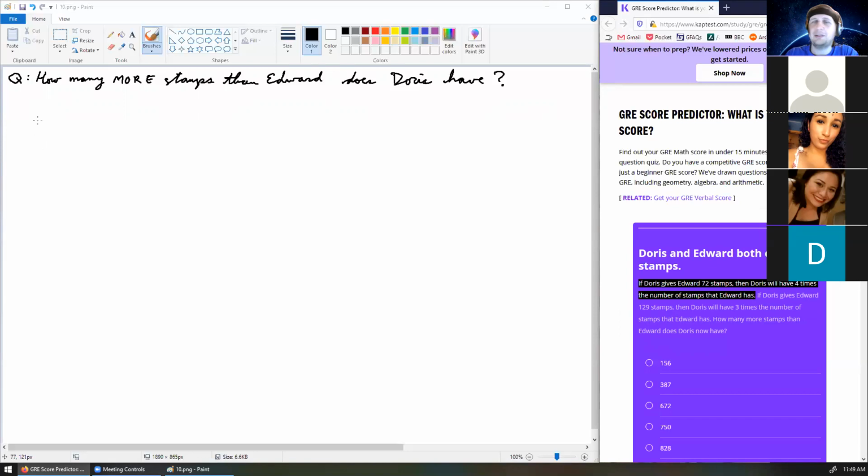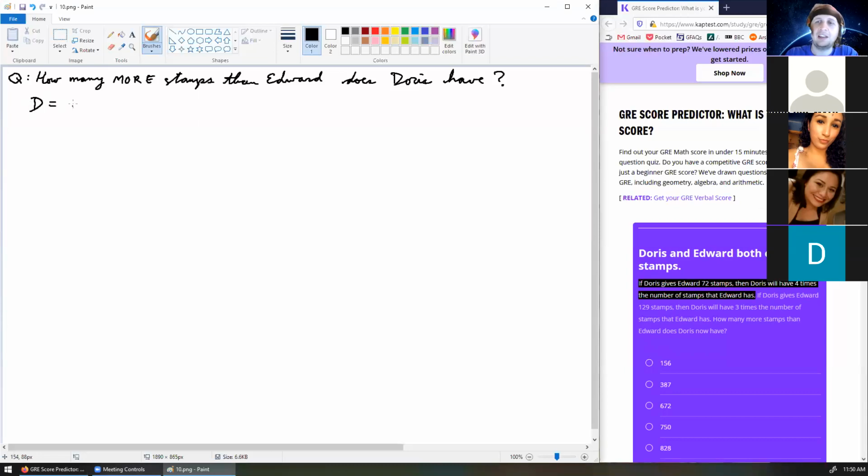Okay, who wants to help me write this out? We can write out an equation here. So we can create a variable for what they have now, like D for Doris, E for Edward. That's a good idea.